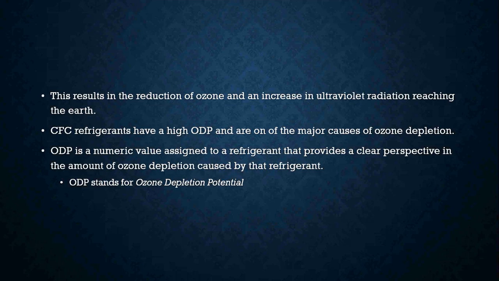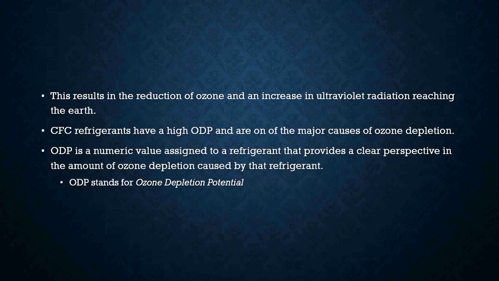Okay, so the result of that chlorine atom breaking down the ozone layer is obviously the reduction of the ozone, and it also increases the ultraviolet radiation reaching the earth. So CFC refrigerant has a really high ozone depletion potential, ODP, and is probably one of the major causes of ozone depletion.